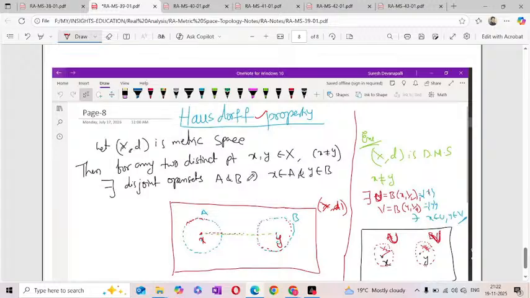You can take any two points from the metric space. Around these two points, if you can form disjoint open sets, that metric satisfies the Hausdorff property.